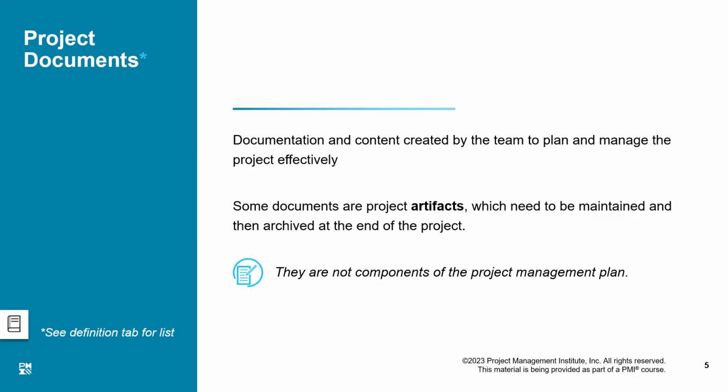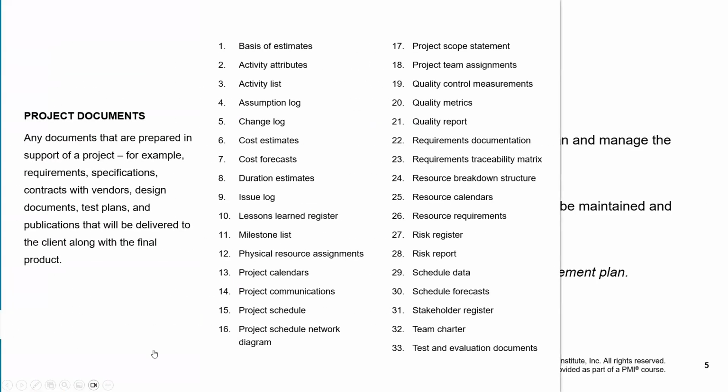Get that? So what all could be the project documents? This is a comprehensive list of all the possible project documents which could be created in the planning of all the 10 knowledge areas. It covers everything, but these are not the baselines.